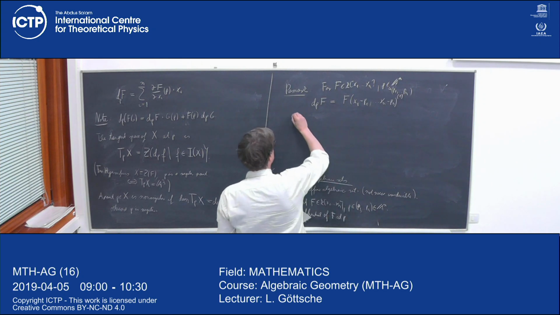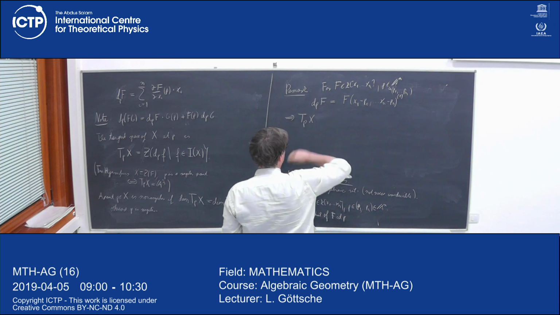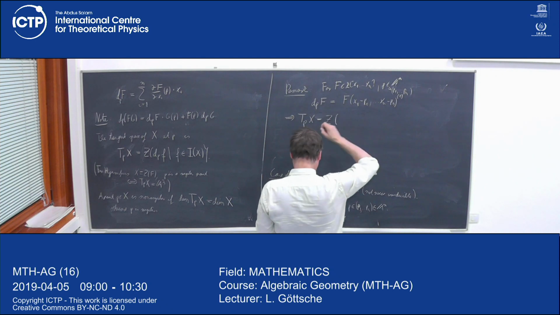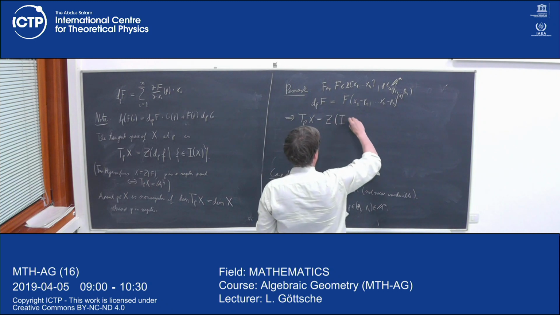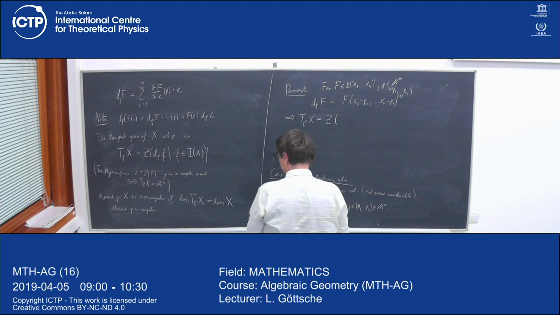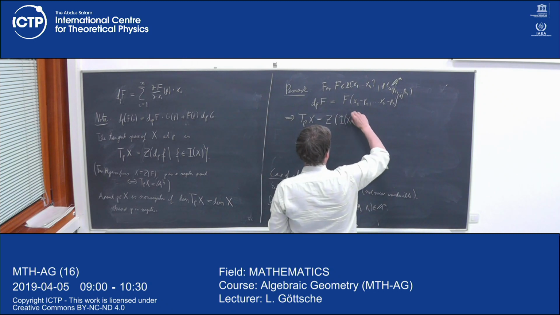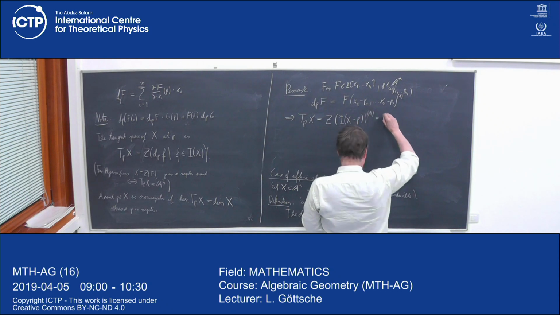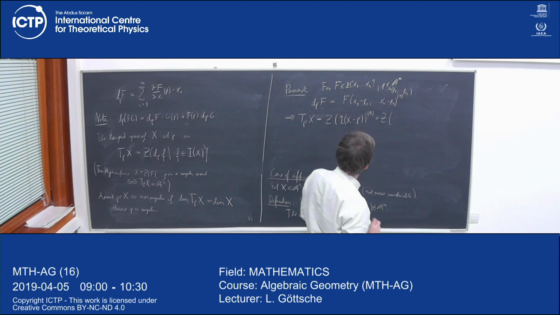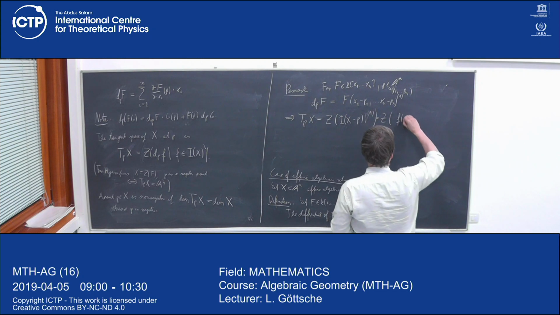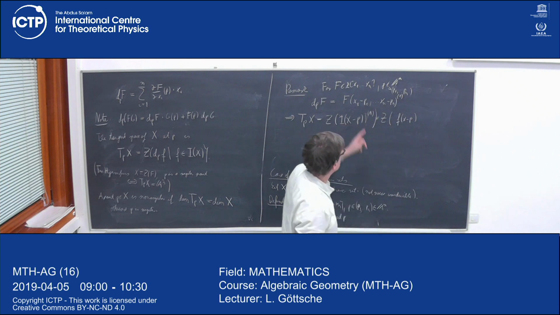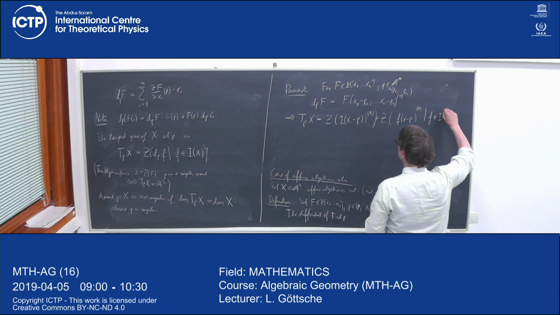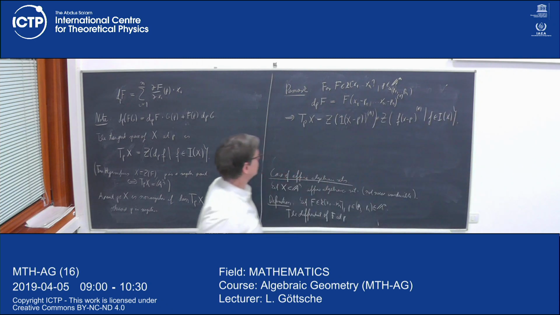And so you could also say that the tangent space of X is just the zero set of, I just write formally like this, I(X) shifted by p, which means the zero set of all the f(x minus p), where x minus p stands for x1 minus p1 up to xn minus pn, with f in I(X).